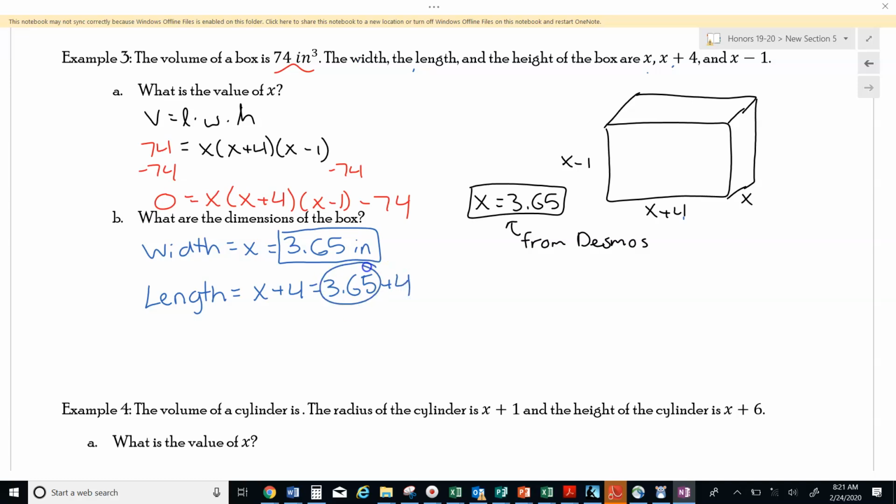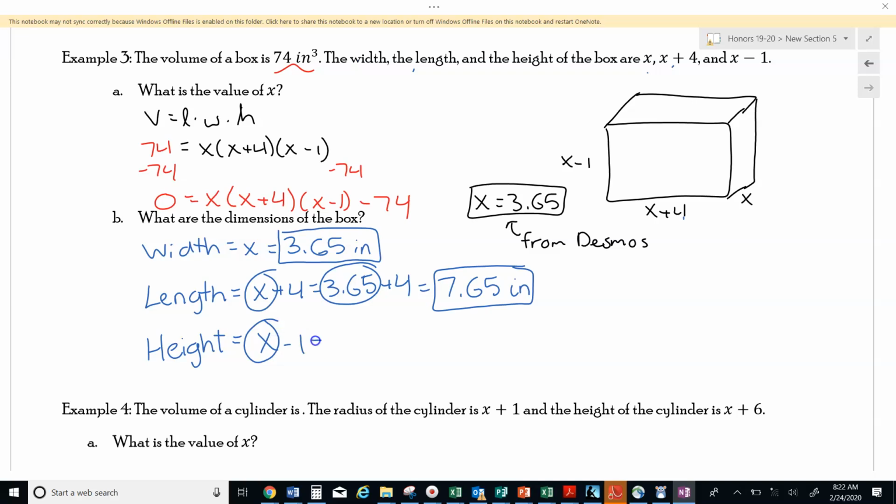All I did was substitute 3.65 in for x, which equals 7.65. And finally, our height is x minus 1.